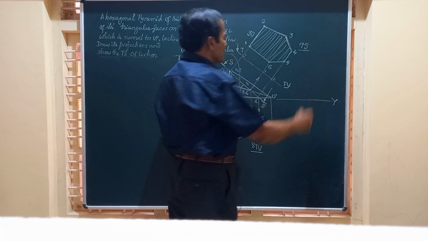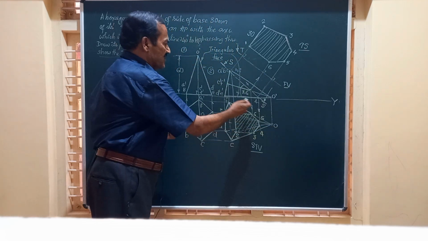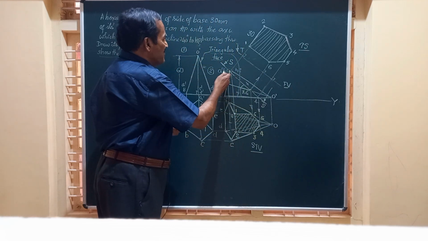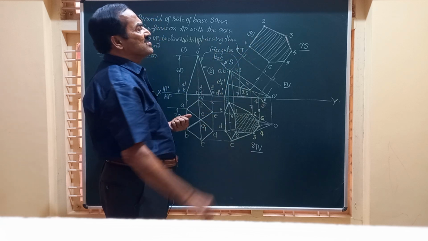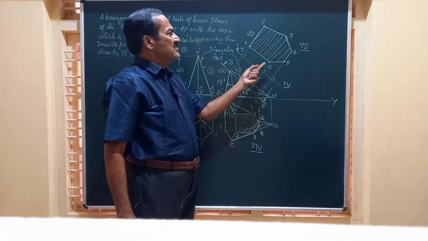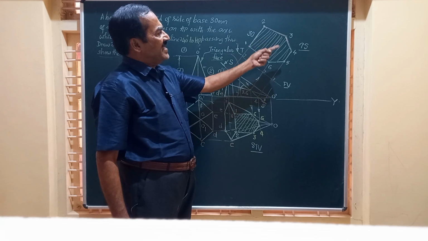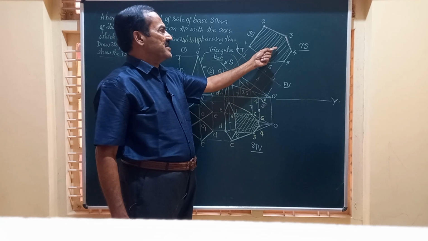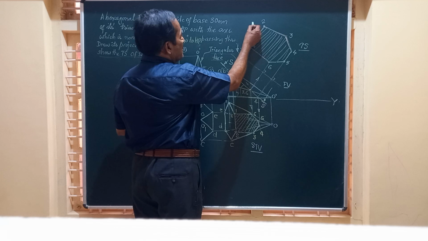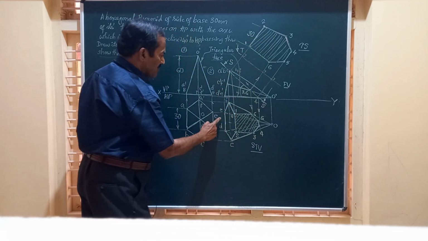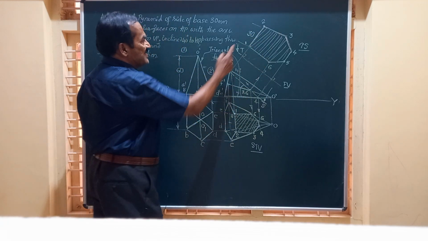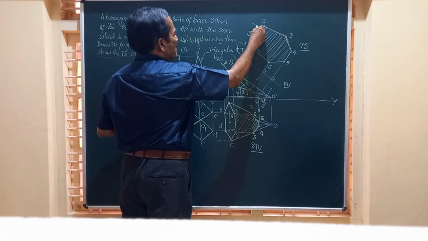It is the true shape of the section. We have got the sectional top view, we have the front view, and you have the true shape of the section, which is a hexagon but totally distorted. And remember, the distance between 1 and 2 is exactly 30, and that I have shown here.